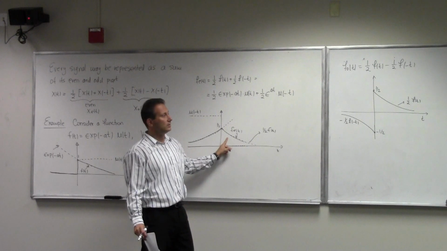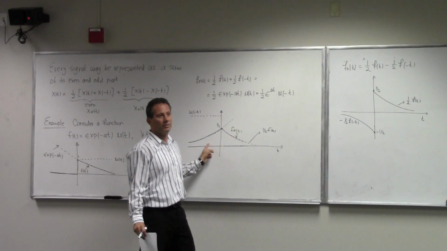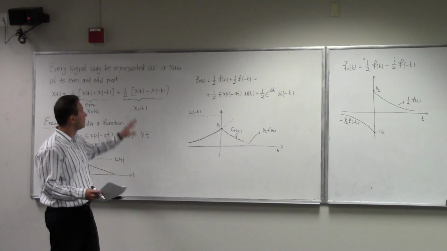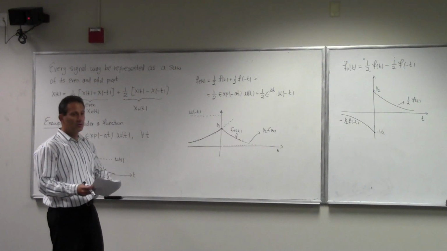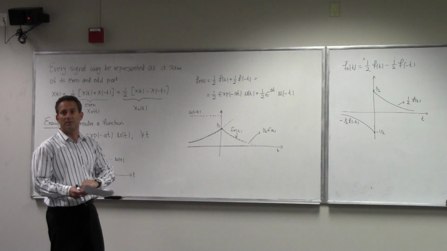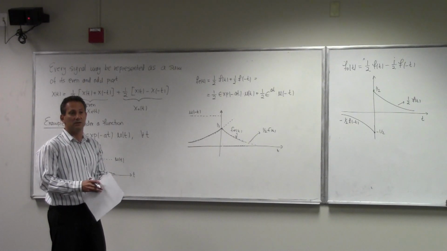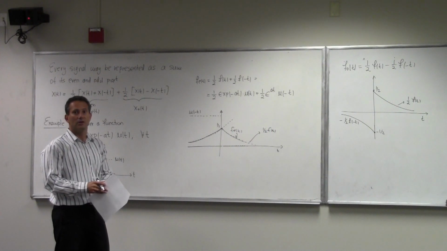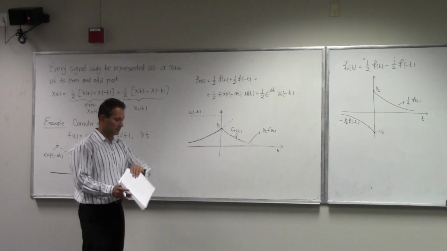And then to the left, these two will cancel. So it will actually give us back our function. So that's a kind of proof and illustration. We're going to use that a lot to simplify some integration and some analysis in the future. Just be aware that every function can be decomposed as its even and its odd part.